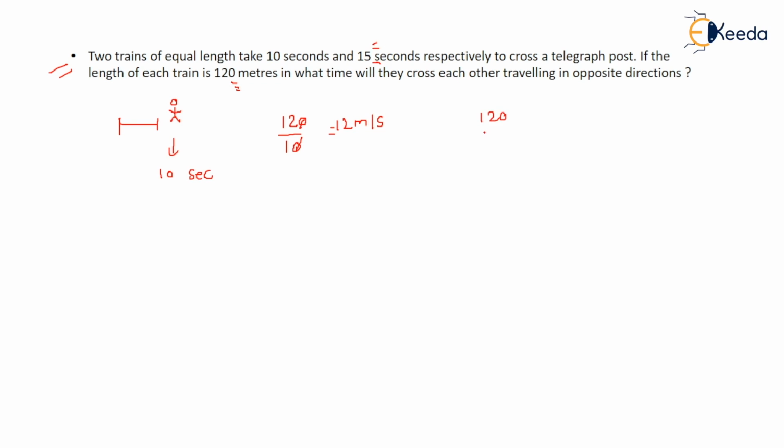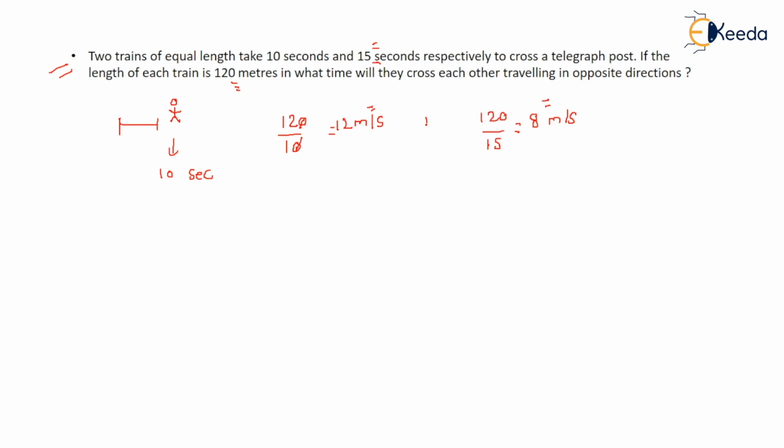You know the length, 120 by 15. The speed comes out to be 8 meter per second. First speed is 12 meter per second, second speed is 8 meter per second.